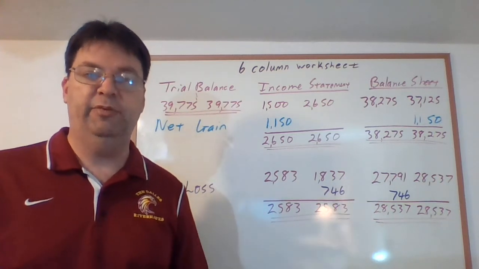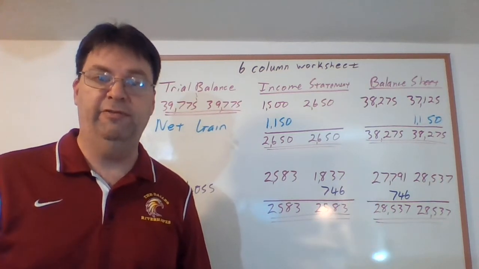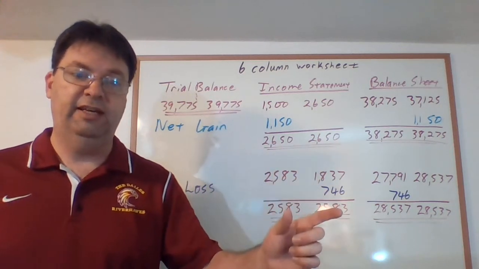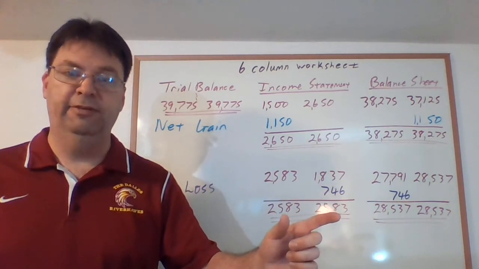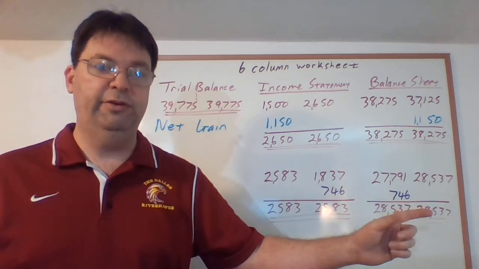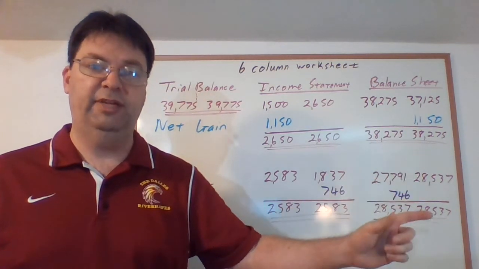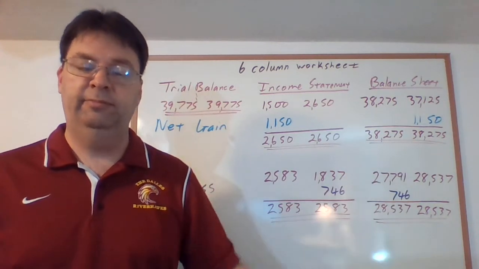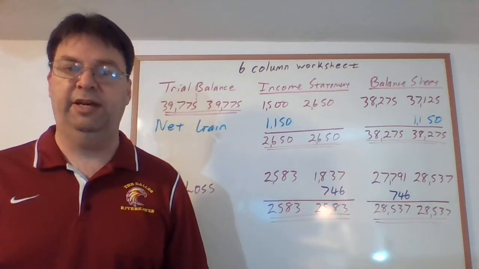That's how much money your business lost. It's less worth value. So this is your gain or loss during the accounting cycle, usually a month or a year. And this is the value of your business during that time. Has it gone up, or has the value of your business gone down? That's your balance sheet. Okay?